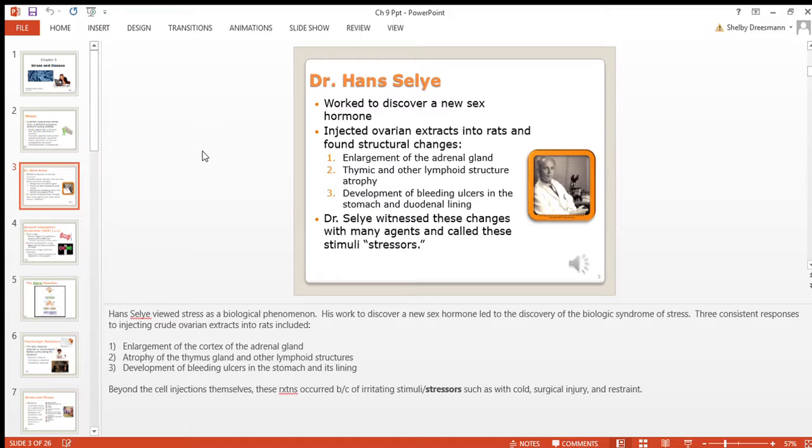Dr. Selye witnessed these changes with many agents called stimuli stressors. He viewed stress as a biological phenomenon. So basically: enlargement of the adrenal gland, atrophy of the thymus and lymphoid, and development of ulcers in the stomach and its lining. These reactions occurred because of irritating stimuli and stressors such as cold, surgical injury, and restraint.